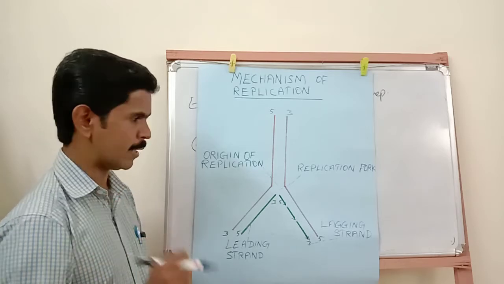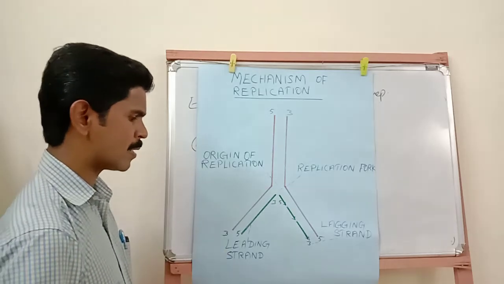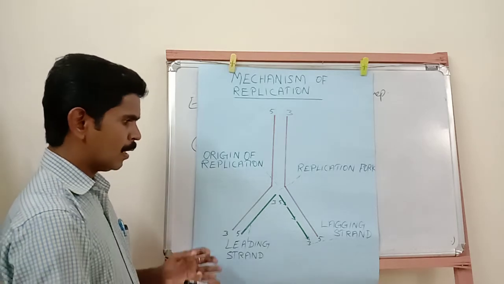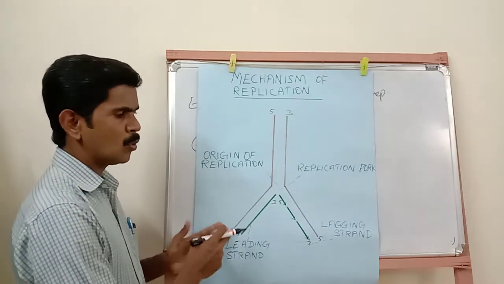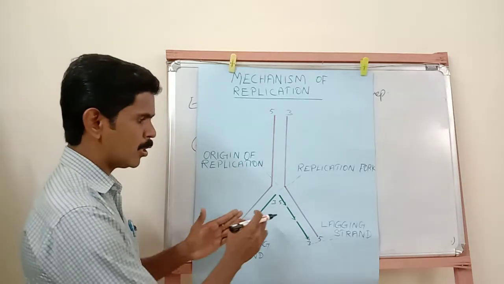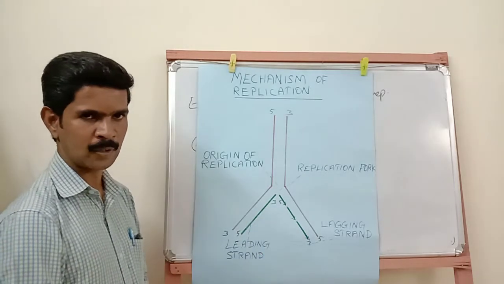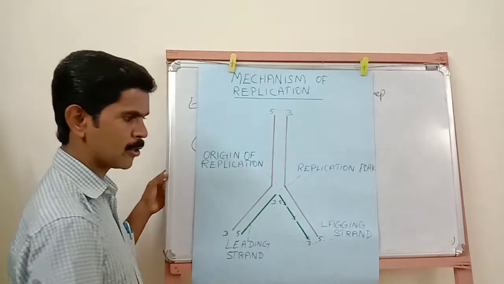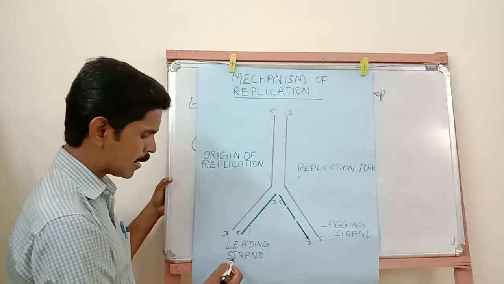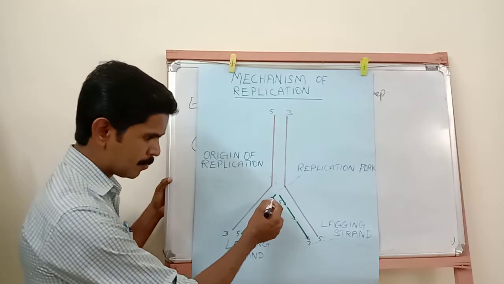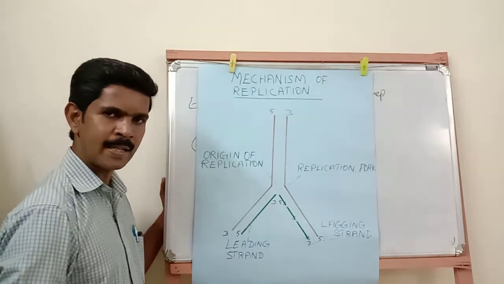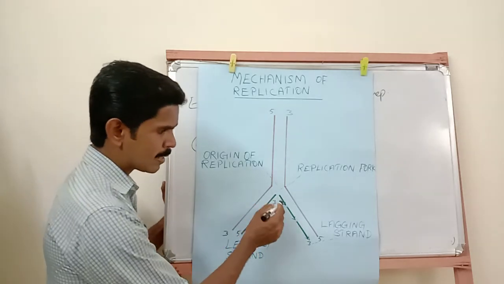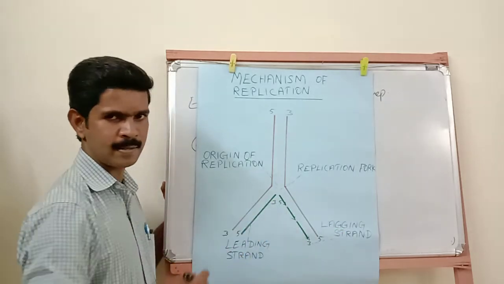Hope you understood that. Next point about this DNA: here, 2 strands are newly produced during the replication process. One strand is called the leading strand, and the second strand is called the lagging strand.